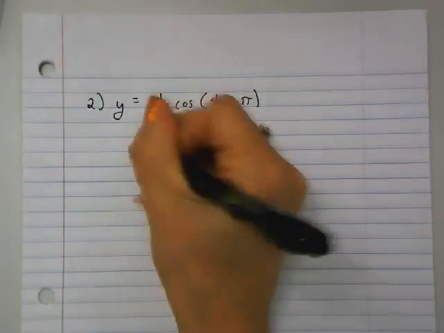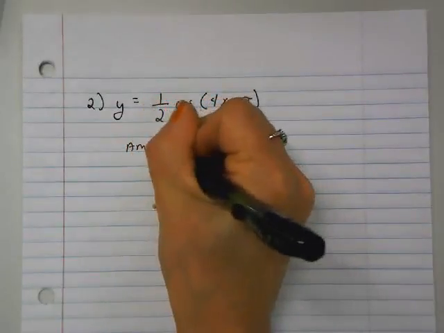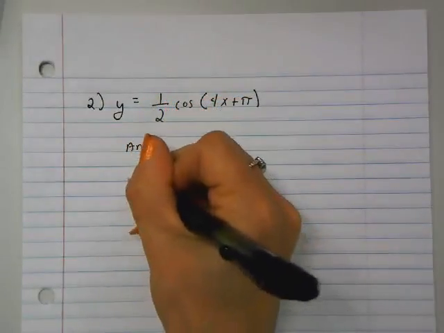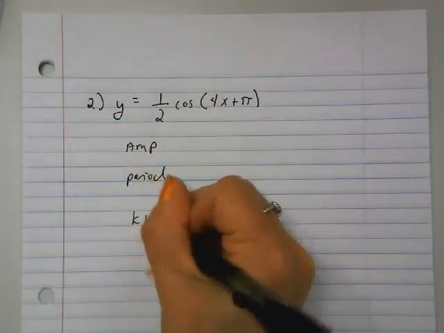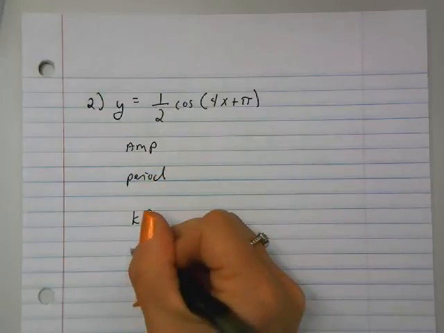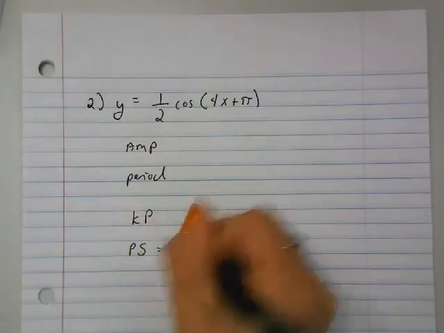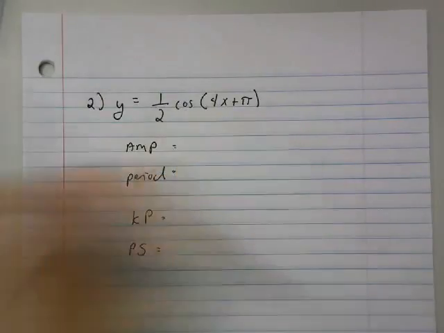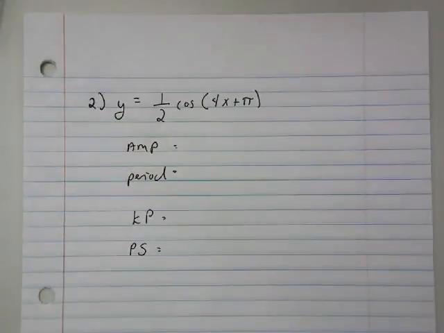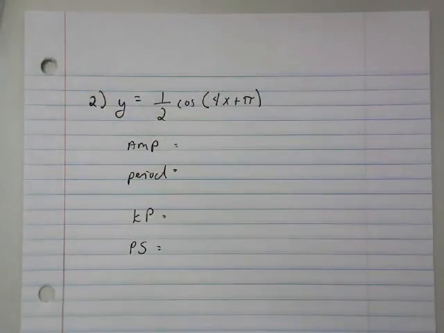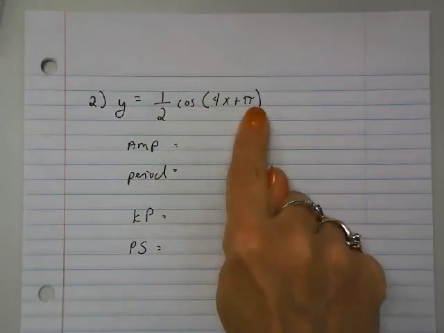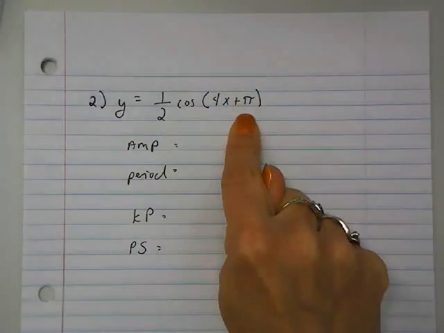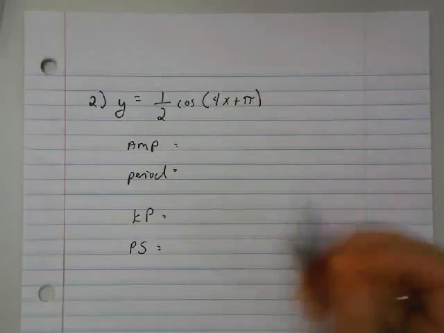So I need an amplitude, period, key points, phase shift. So first question again, do I have a phase shift? Yes, I do, because in the parentheses I've got this extra constant tagging along, so I do have a phase shift.